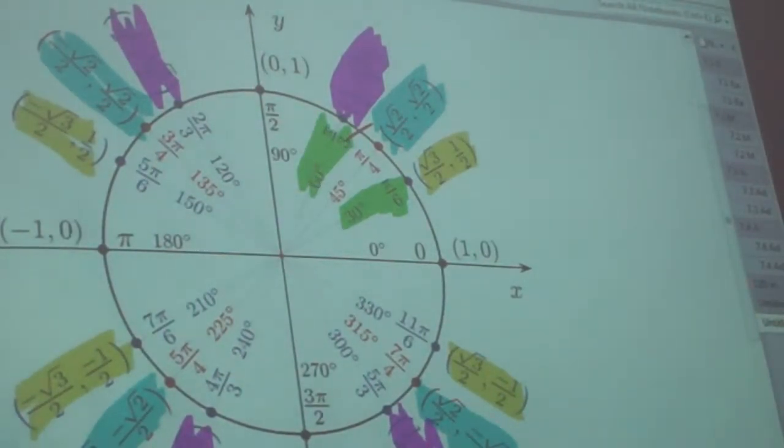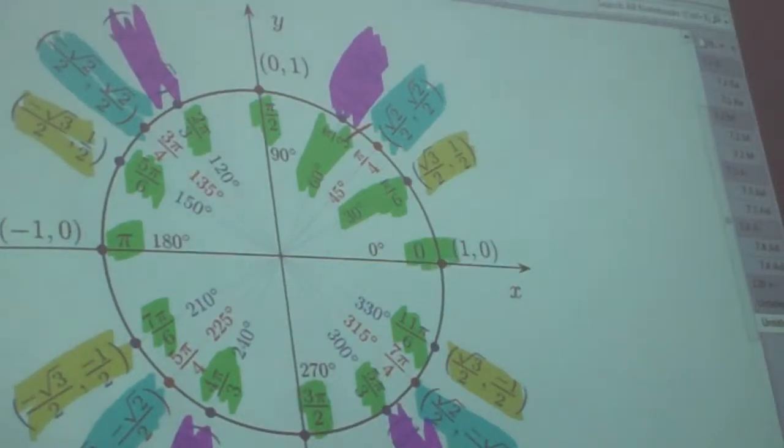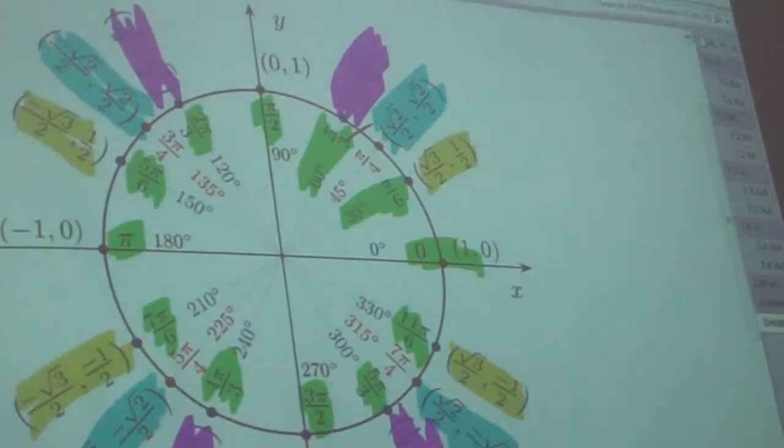This will be 2/6, 3/6, 4/6, 5/6, 6/6, 7/6, 8/6, 9/6, 10/6, 11/6, and then finally back to 12/6. So it's just knowing those patterns instead of having to calculate it every single time.